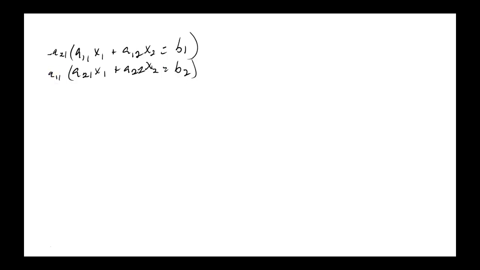When you did that, your first terms would eliminate, and you would have A11 A22 minus A12 A21, times x2, equal to A11 B2 minus A21 B1.